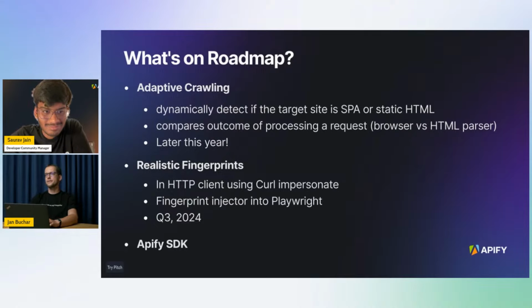Well, the third big thing that we are working on is the Apify SDK. If you've ever used the JavaScript version, you will know that it's super simple to go from just Crawlee crawlers to launching them on the Apify platform thanks to the SDK.